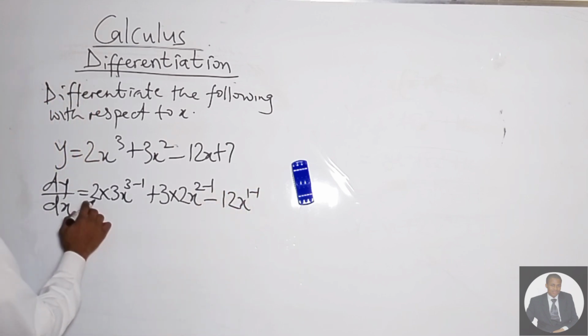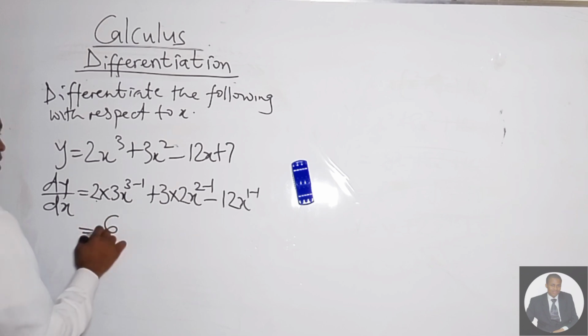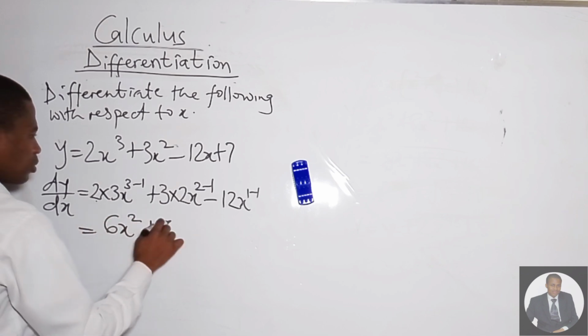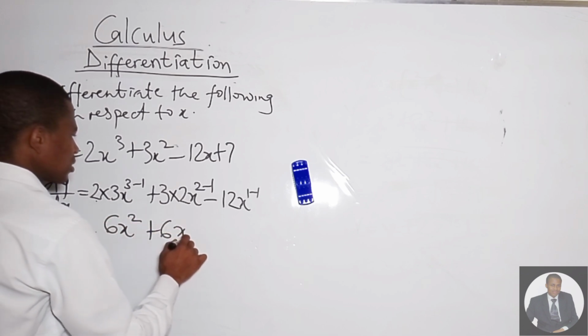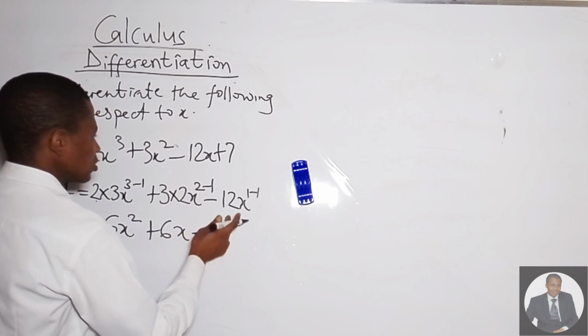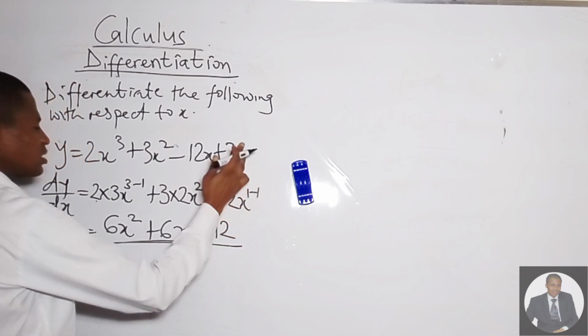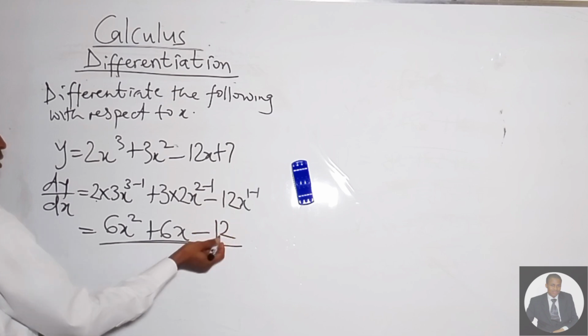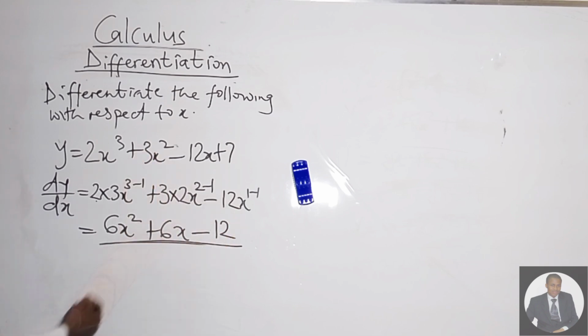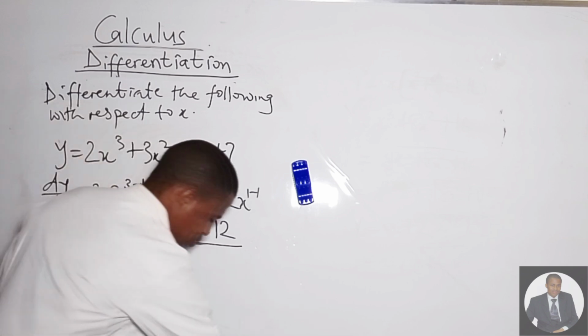So that will give us 3 times 2, 6x squared plus 6x minus 12. 1 minus 1 is 0, x raised to 0 is 1, 1 times 12 is 12. This will be our answer, 6x squared plus 6x minus 12.